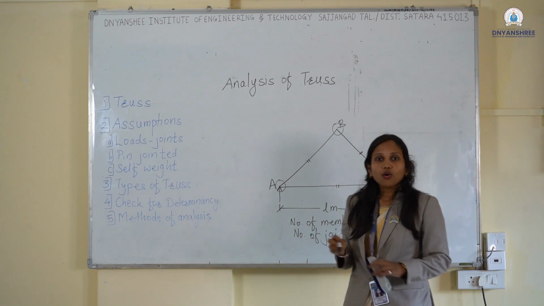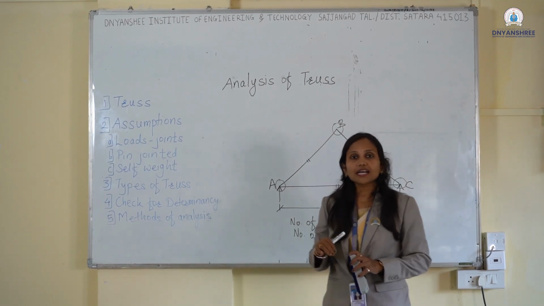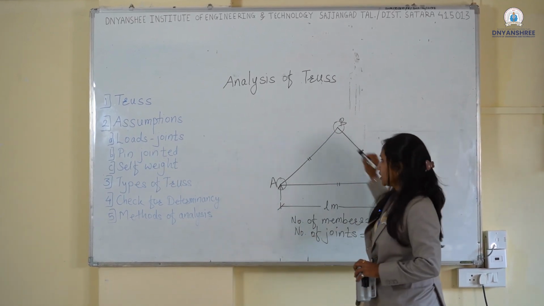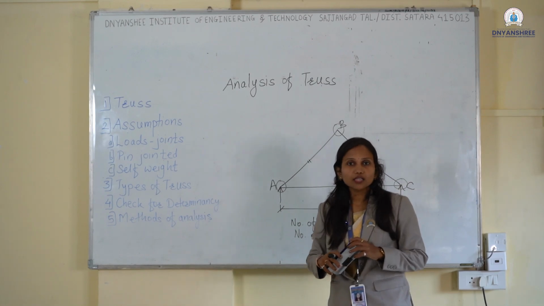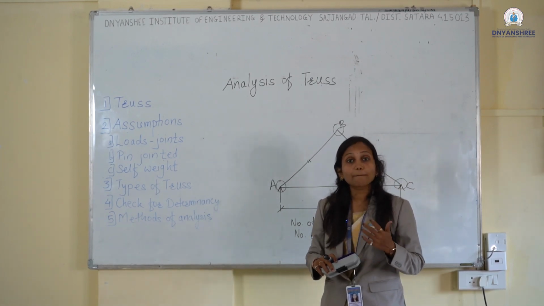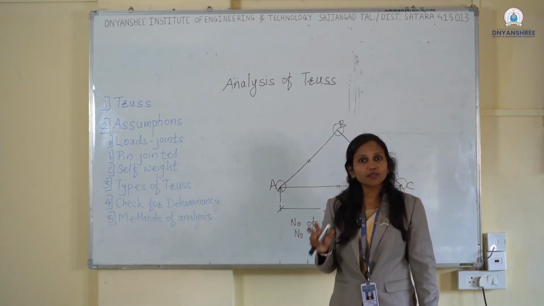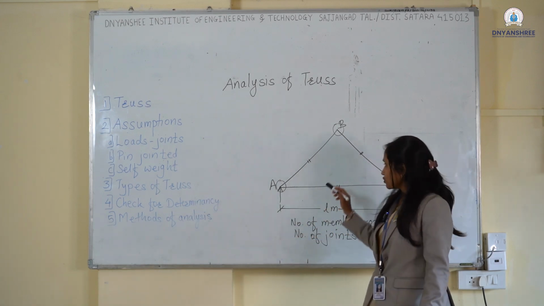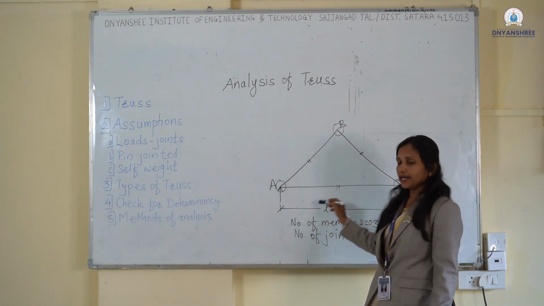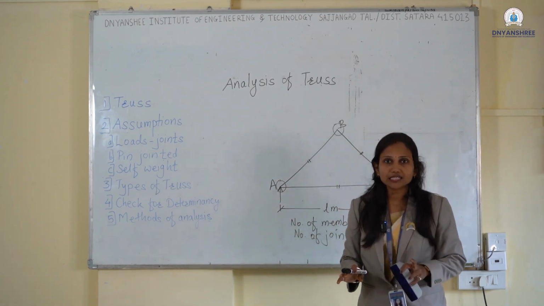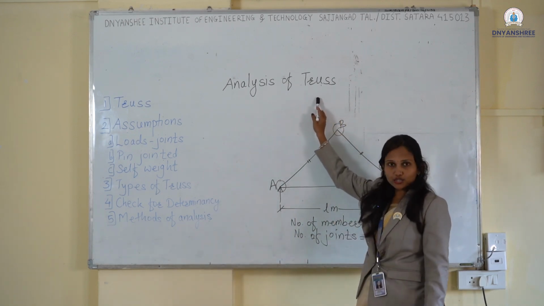Now we will see what the assumptions are while doing this analysis of the truss system. The first one: all the loads act at the joints only. Then all the joints are pin jointed or pin connected. The third one is that the self weight of the members is neglected. So I will not consider the self weight of the AB, BC and AC members while doing the analysis of truss.